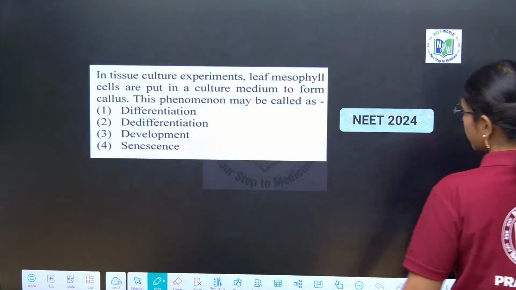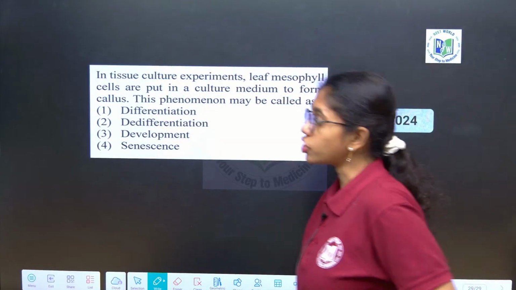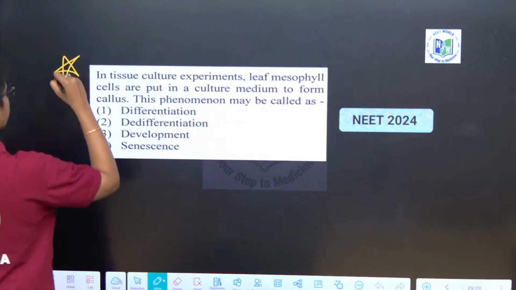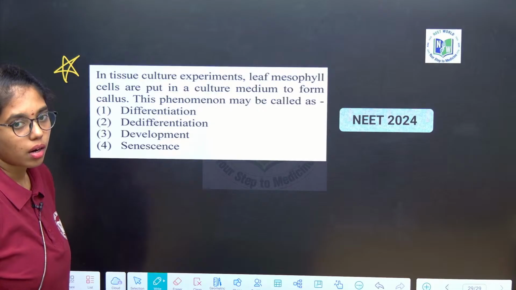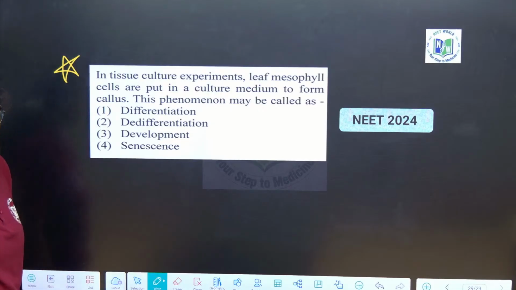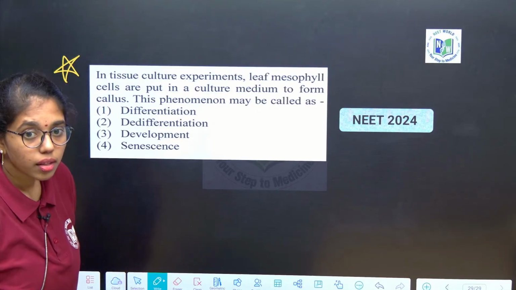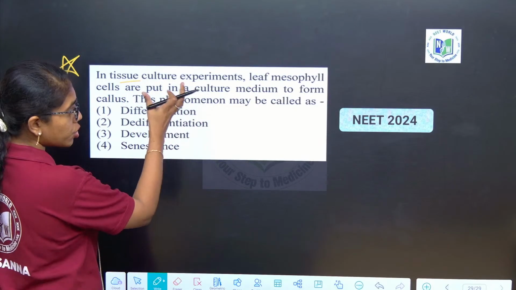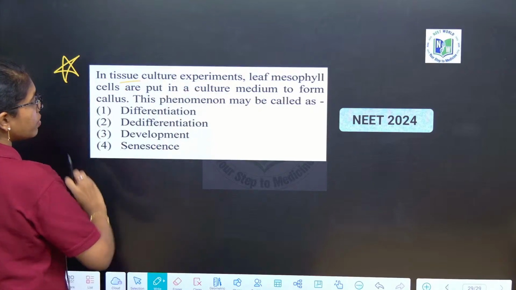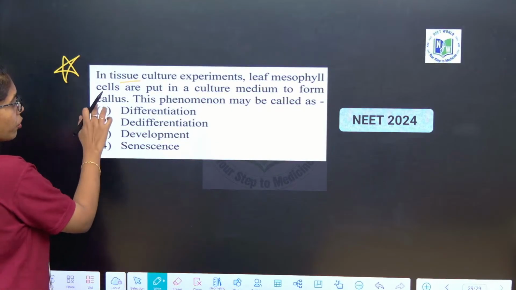Now answer this question, an application of this based on tissue culture. Look into it properly. In a tissue culture experiment, leaf mesophyll cells are put into culture medium to form callus.